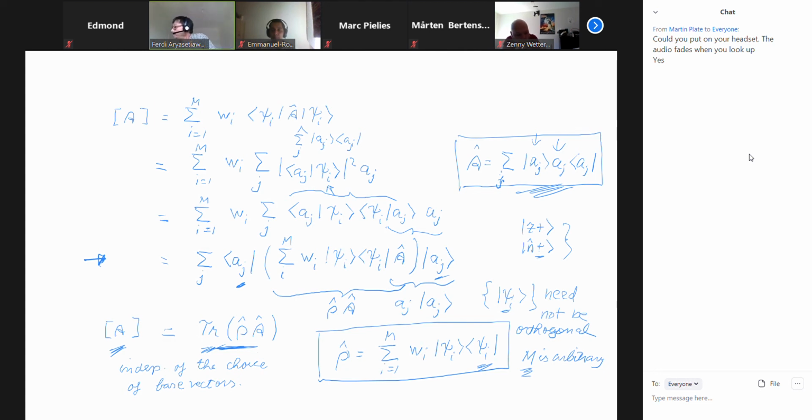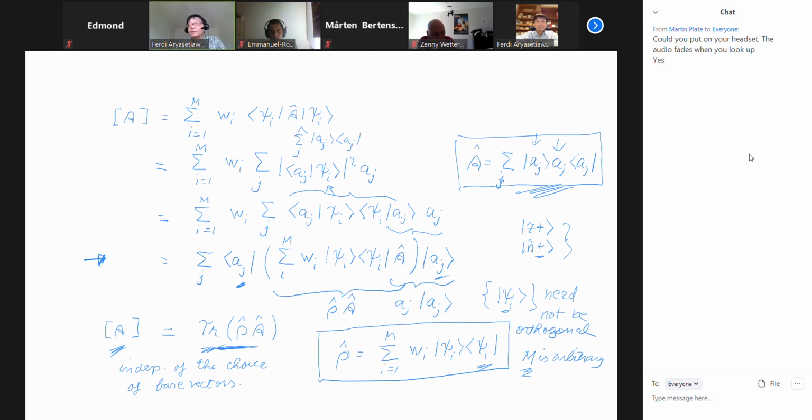So this is the general formulation of computing an ensemble average of an operator when we have what is called a mixed system or mixed states instead of a pure ensemble.